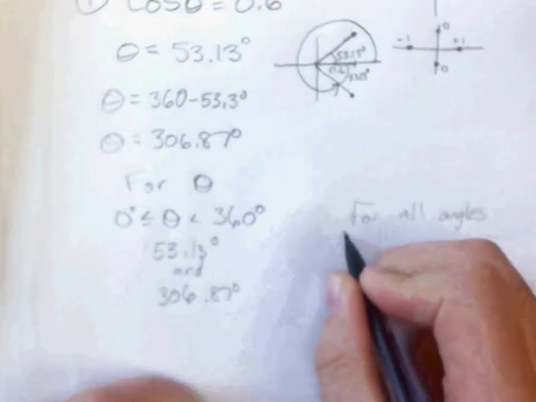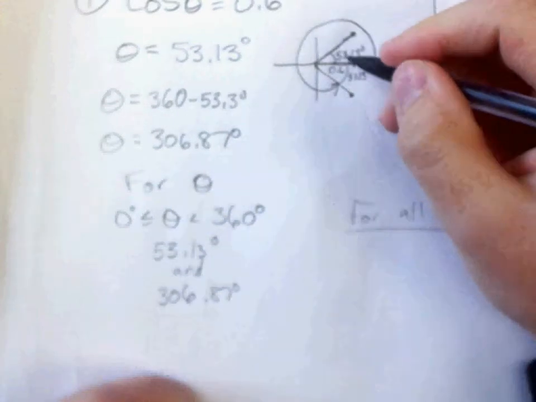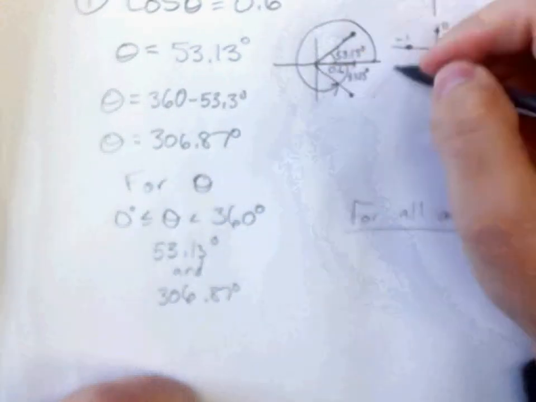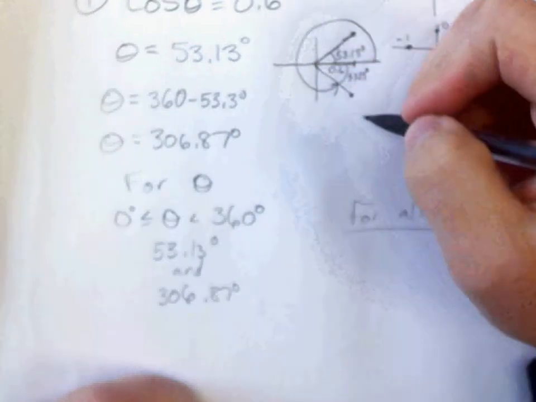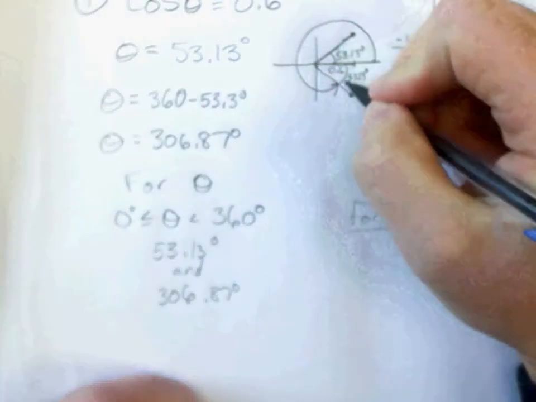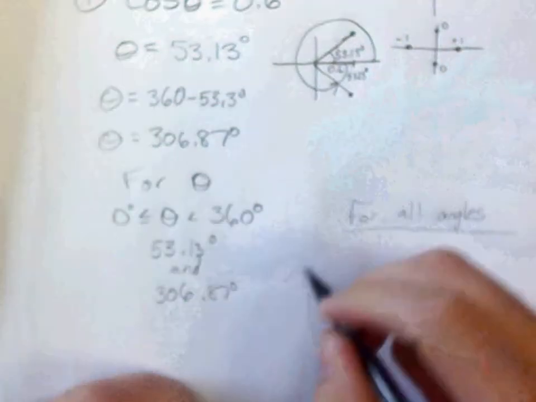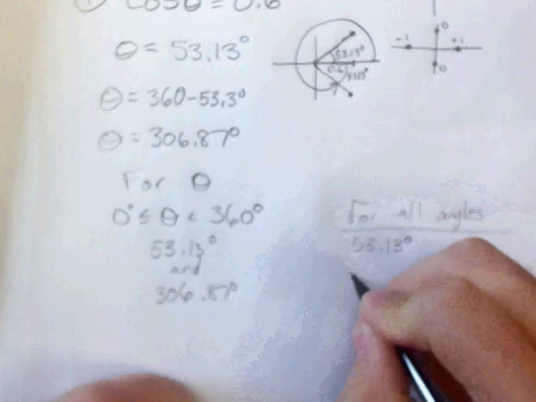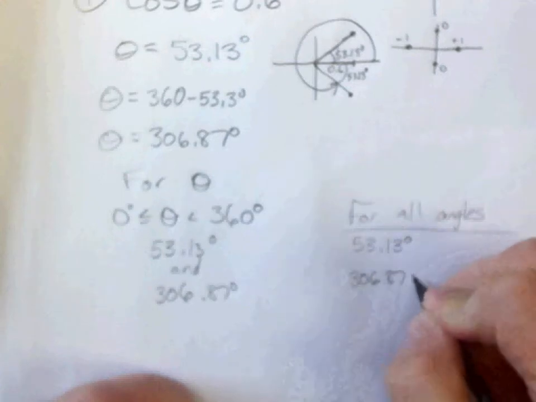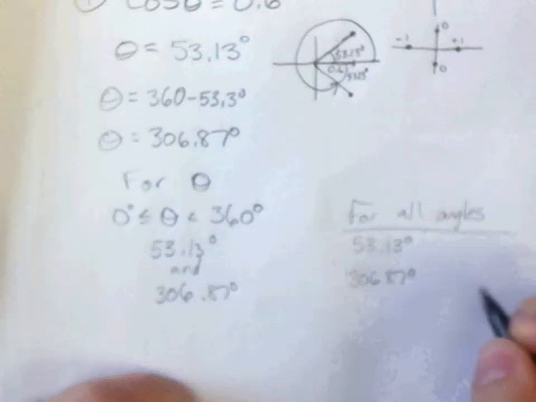Of course, if I asked for all angles, you have to remember that, yes, these are two answers, but that's only within one rotation. To get other rotations, you just have to keep adding 360 degrees. Every time you add 360 degrees, these two angles repeat. So we would say 53.13 degrees and 306.87 degrees. Those still stay. But of course, I can't list all of them.